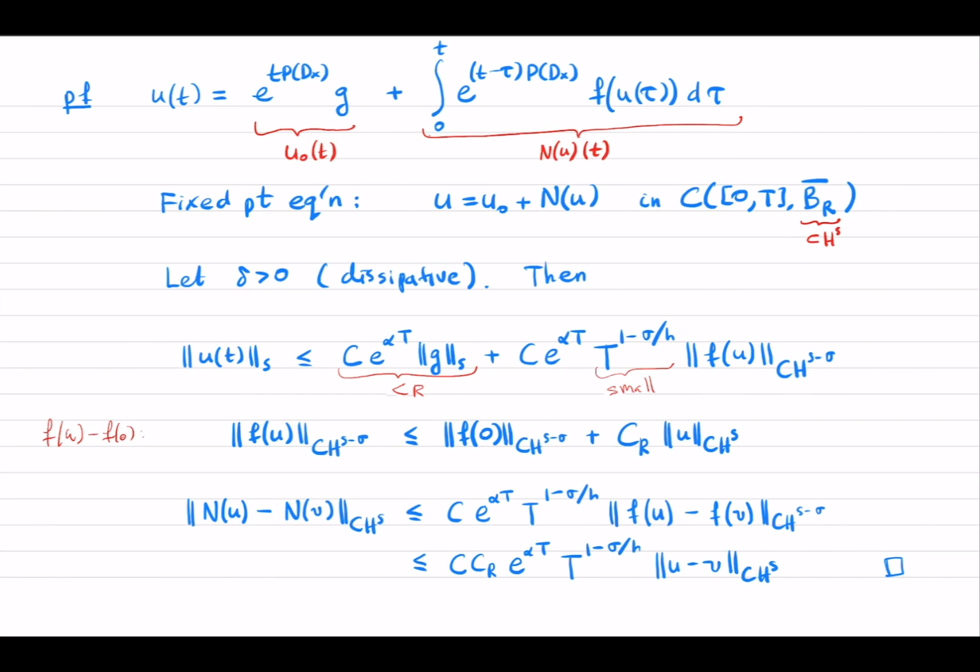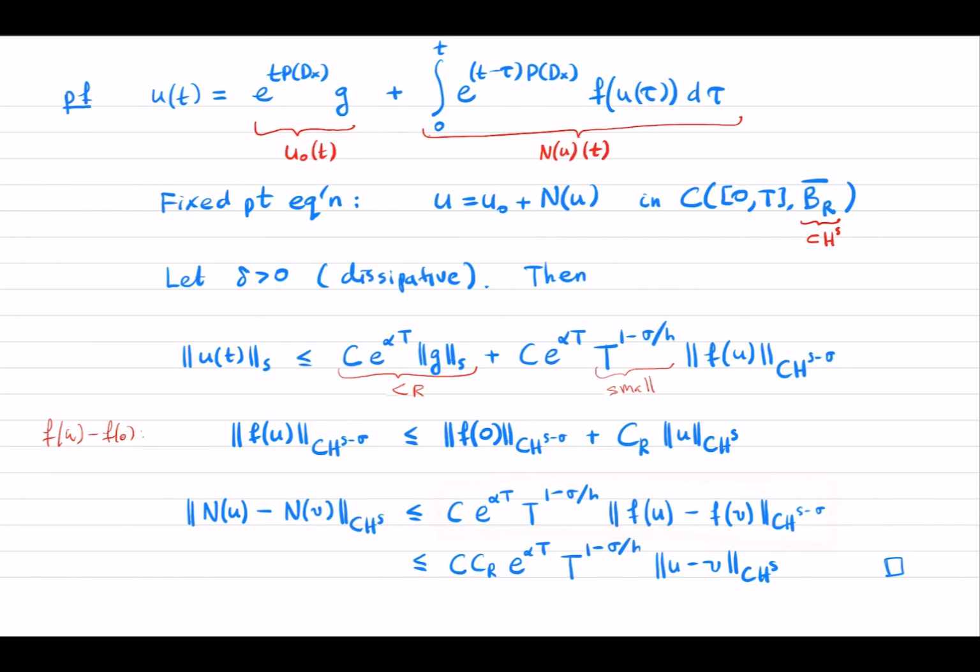The next thing that we want to show is, of course, that this operator on the right-hand side is a contraction. Then we're going to get existence. So look at the difference between these two. Of course, U0 is everywhere. That means we only need to look at N(V) minus N(U). And that difference will be bounded by that.